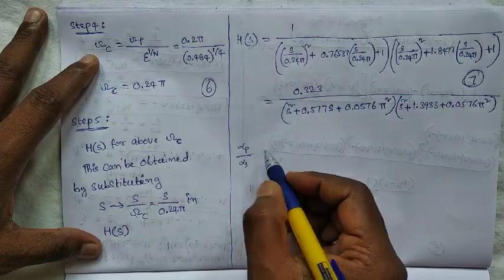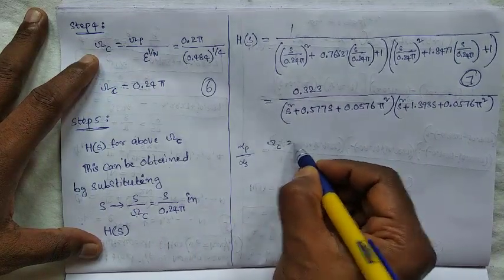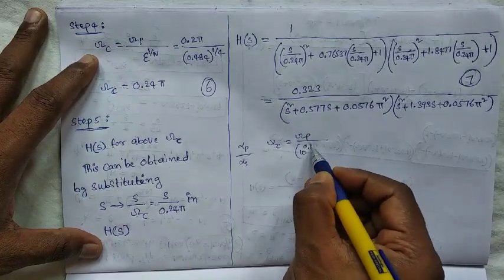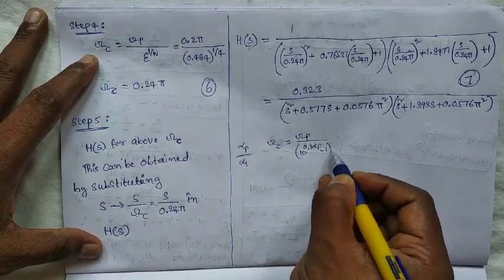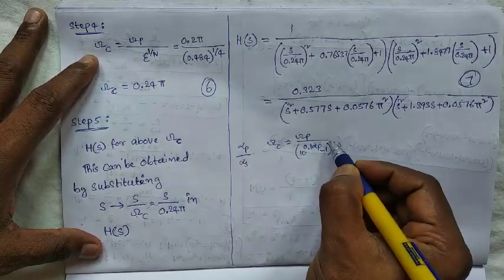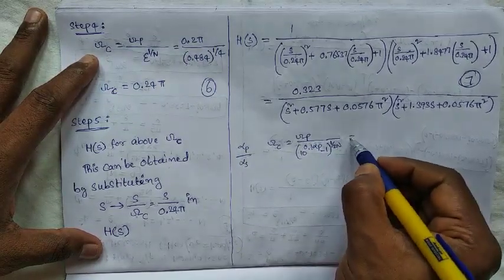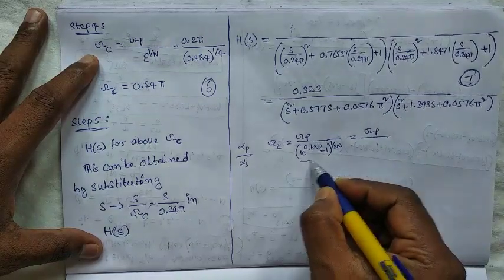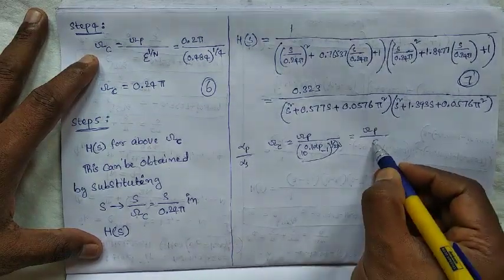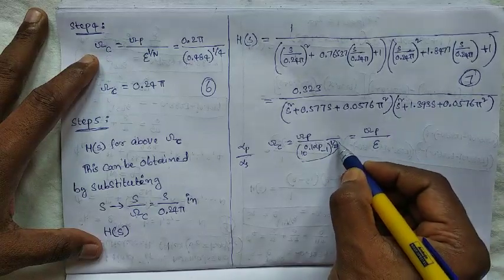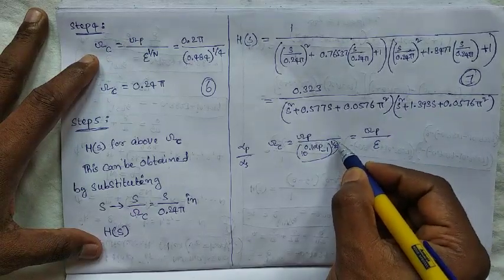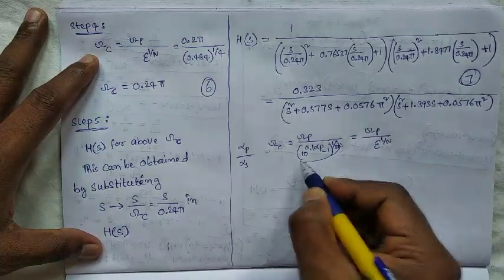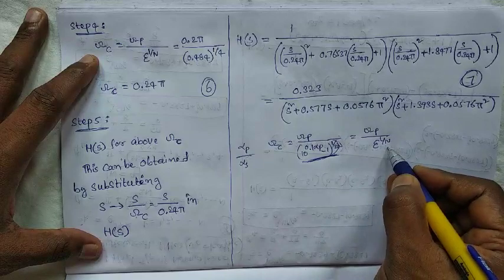The formula is omega p by the 10 power of 0.1 alpha p minus 1, whole power 1 by 2n. This can be written as omega p by epsilon power 1 by n, where this value is epsilon.